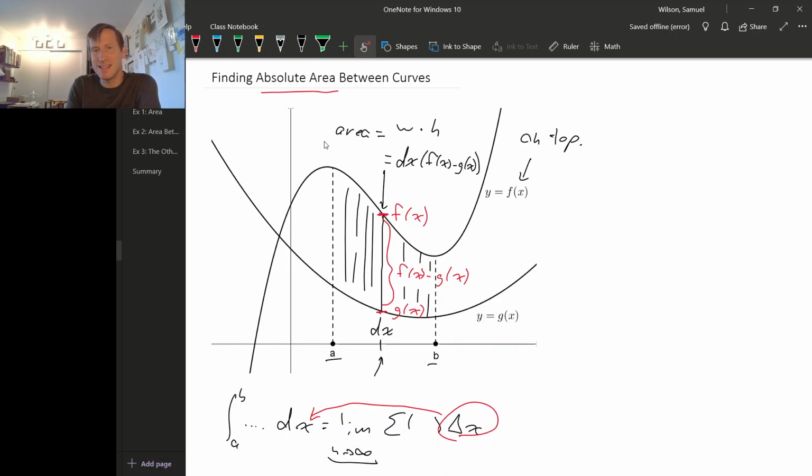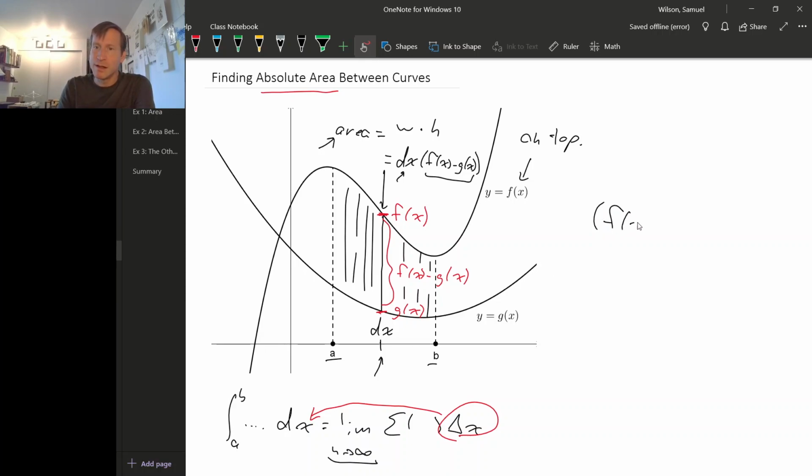This area is infinitely small because it's some number, f of x minus g of x, times dx, and dx is infinitely small. And adding up infinitely many, infinitely small things is exactly what an integral does. So if you ever find yourself wanting to add up infinitely many, infinitely small things, usually it's an integral that will get the job done.